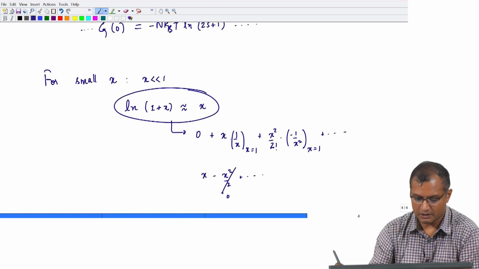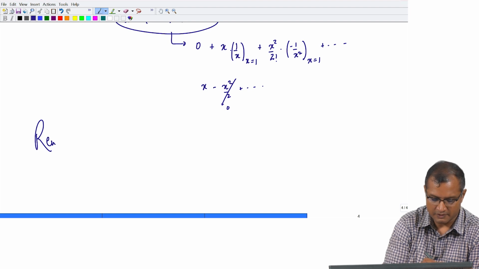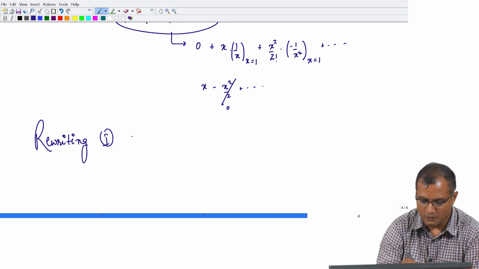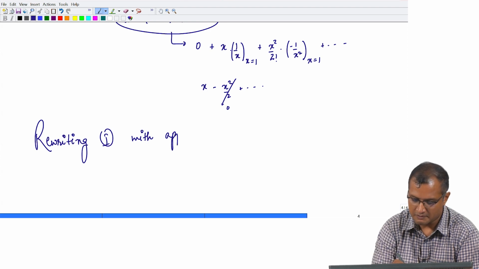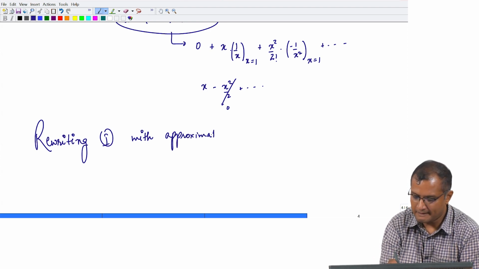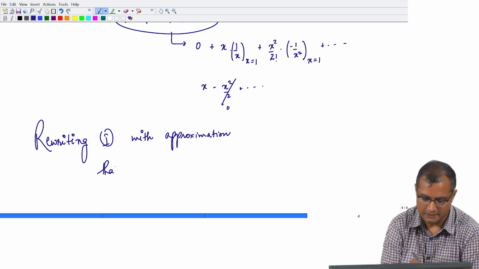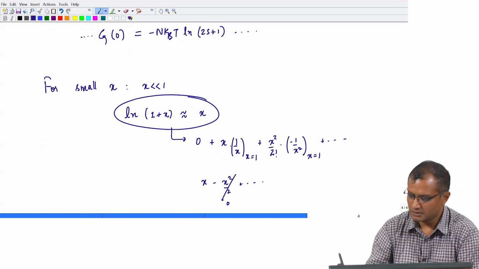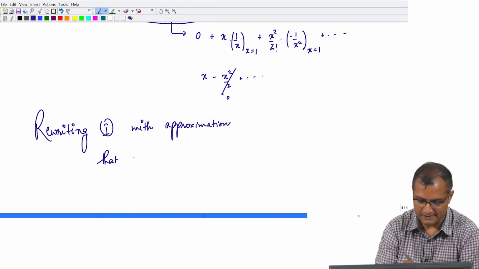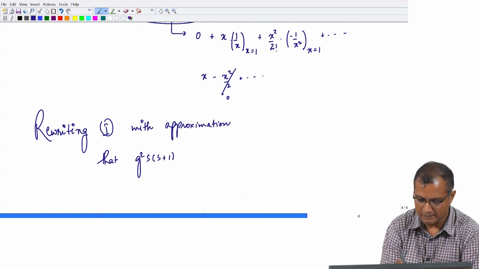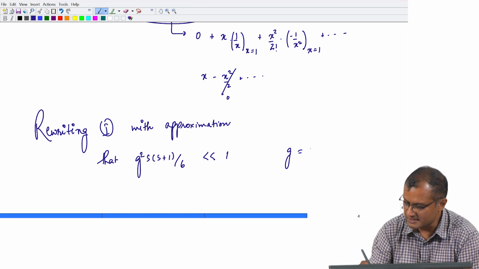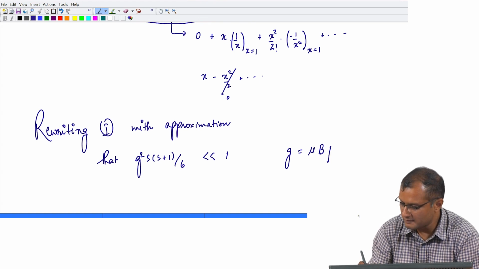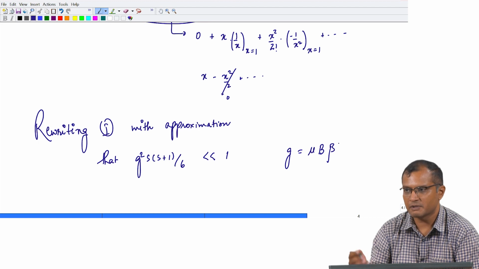So, I am rewriting 1 with the approximation that g square into S plus 1 by 6 is much smaller than 1, because our g is already the magnetic field. If you take the square of that, it is much smaller than 1. Okay.